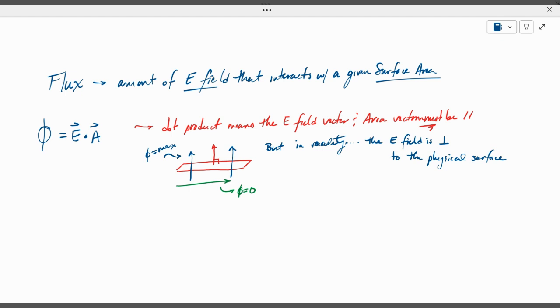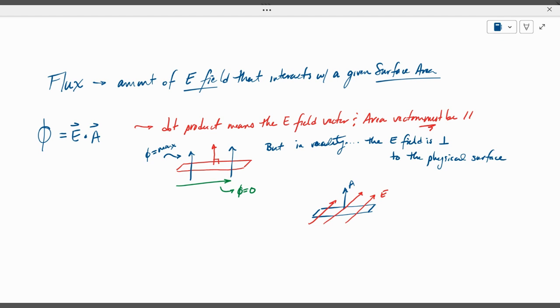So what really happens more often than not is we have a surface that looks like that. The area vector looks like so, but the electric field is probably going to cross through at some angle. All right. So there's our electric field at some angle.